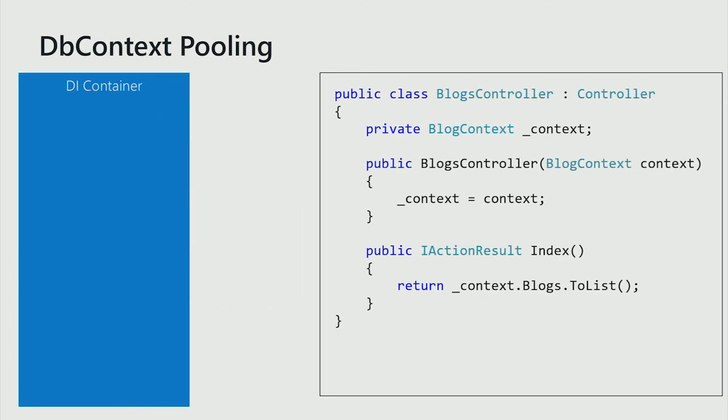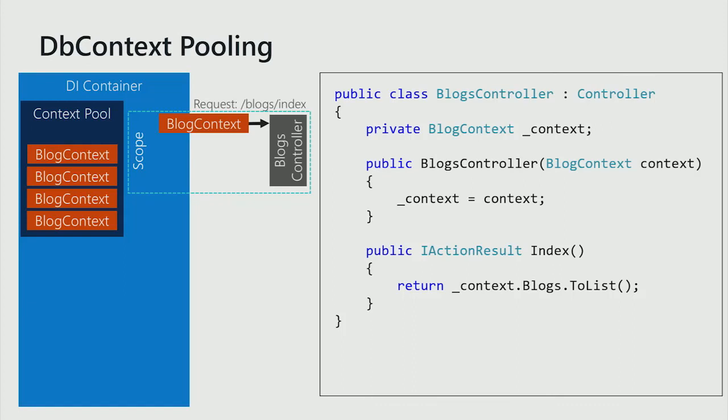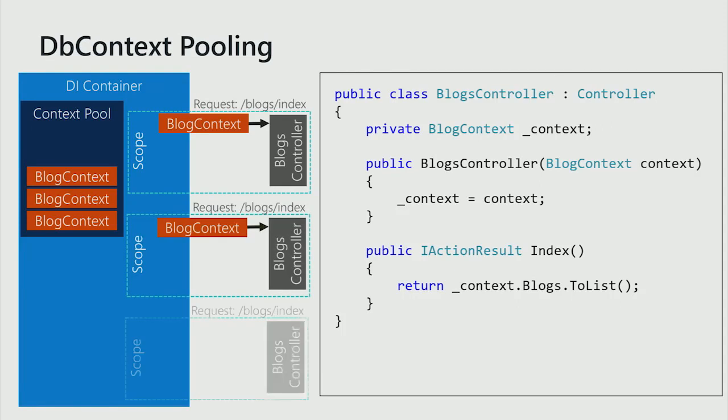But DB context pooling will do this feature where it will create an initial set of, it's like DB connection pooling, if anyone knows about that. But this will create a number of these DB contexts inside the container, and these are already created. And I can now pull those out of that pool and use them.